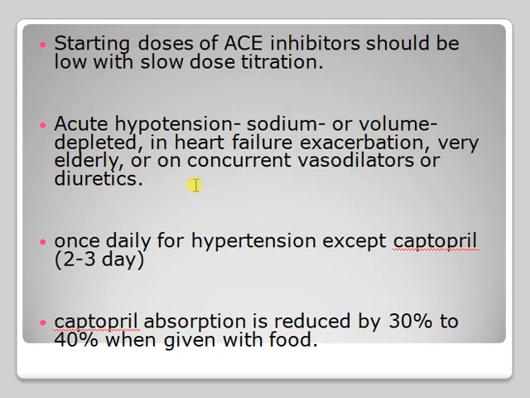Now we are going to study some basic points associated with this category of drugs. When we want to start angiotensin converting enzyme inhibitors, we have to start them with a low dose and then afterwards increase the dose, because sudden administration of this category of drug will result in adverse effects like acute hypotension. Then there may be sodium and water depletion, heart failure exacerbation, and complications associated with elderly patients also.